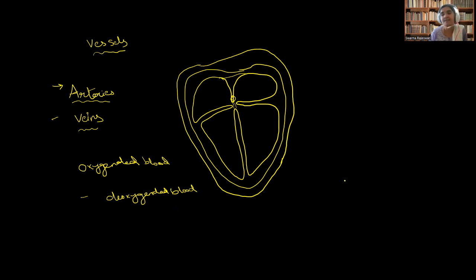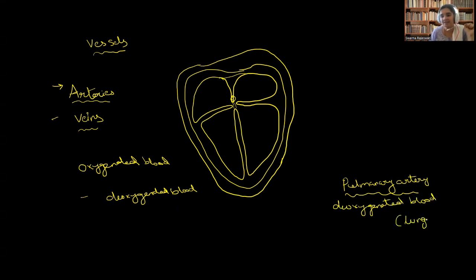There is an artery which is called the pulmonary artery, which carries the deoxygenated blood from the heart to the lungs. Pulmonary means it is carrying to the lungs. So this is the only artery which carries the deoxygenated blood.